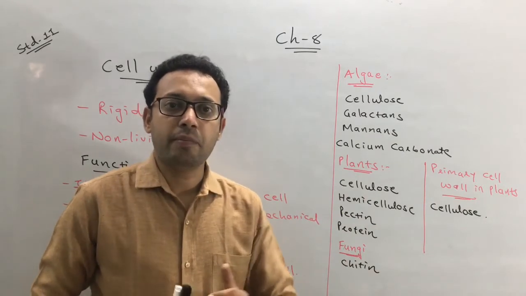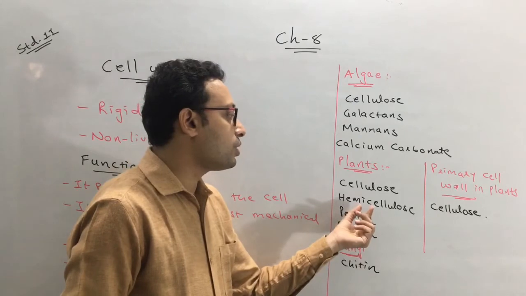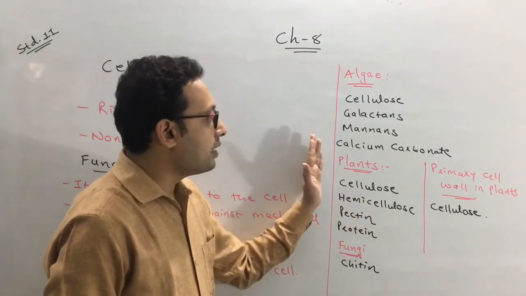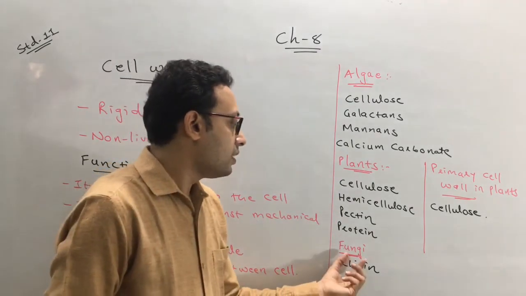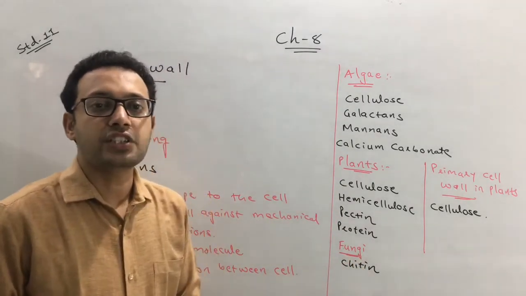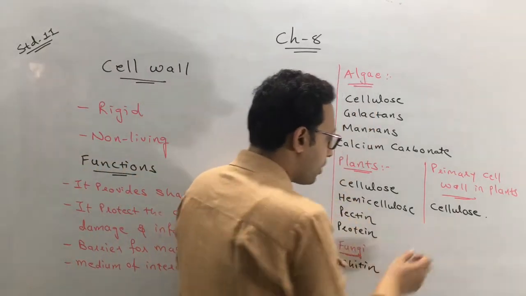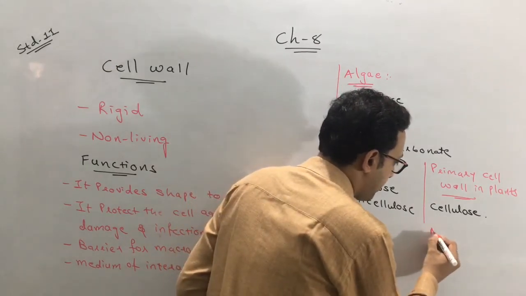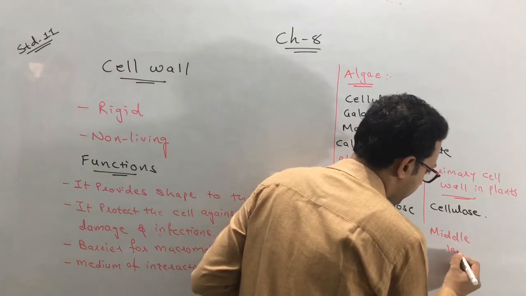Then there is a development of a secondary cell wall on the inner side, due to a deposition of hemicellulose, pectin and protein. Hence, in plants, the cell wall is made up of these four components. Next, the fungal cell wall is made up of chitin. Apart from that, there is one more layer, called the middle lamella. Remember, this is very important. Middle lamella.